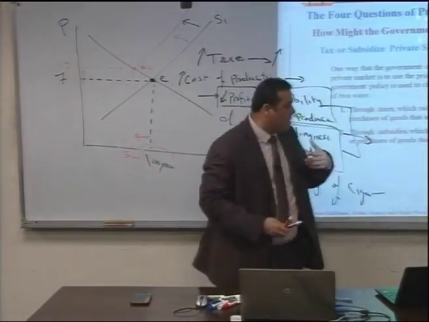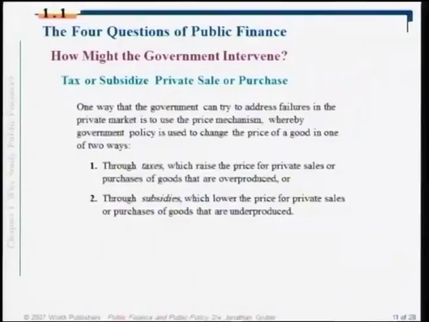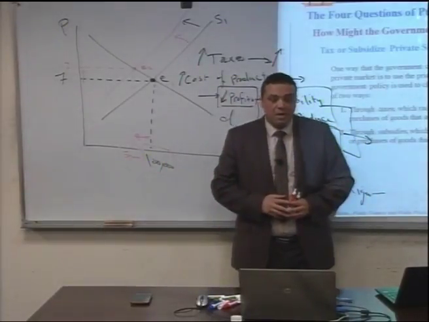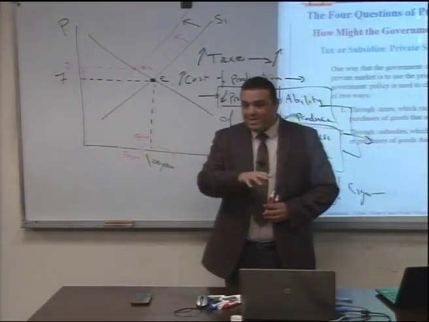Another example, or another point. The government can intervene in the market by providing subsidies for the producers to produce more. Sometimes the government feels that we have a good product and it has a positive impact for the community, but we have an underproduction of this product and we have a shortage of supply at the local market.